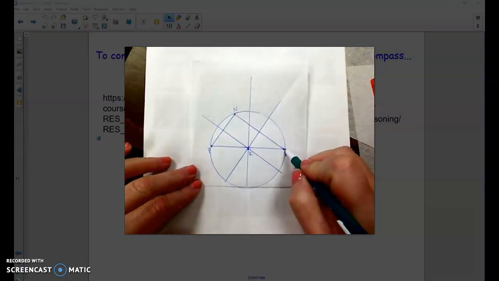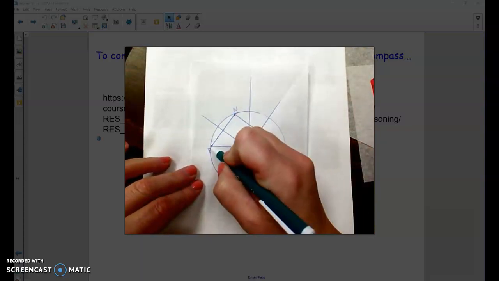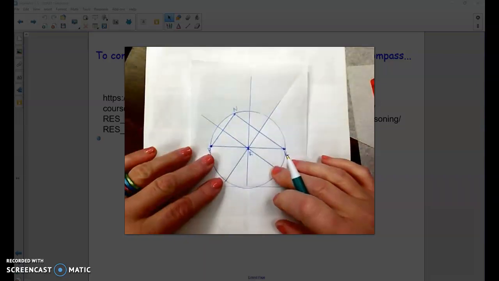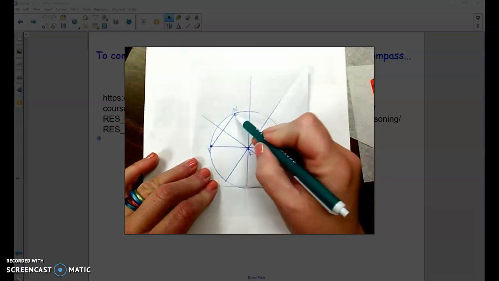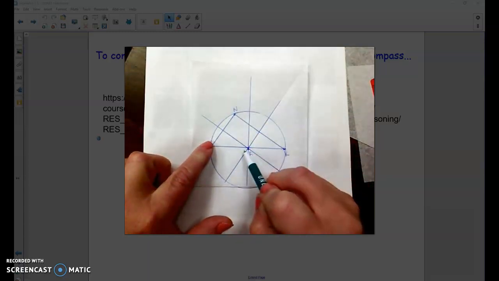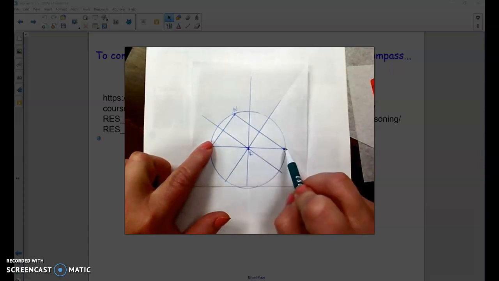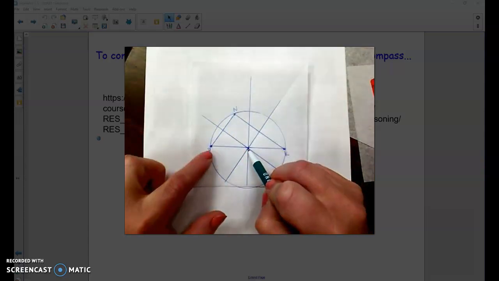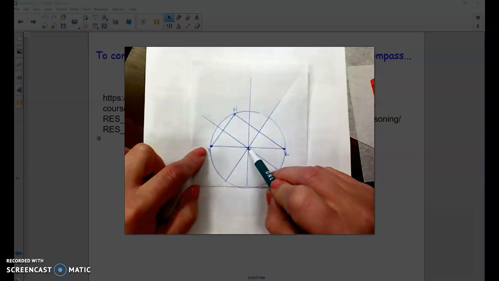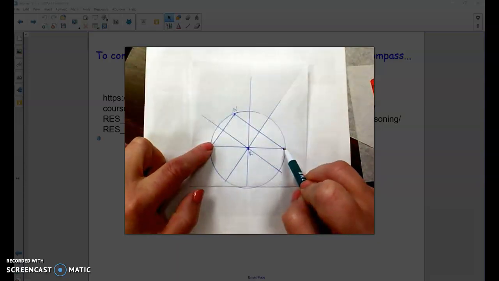I had a little bit of human error. I'm just going to fix that by making those points bigger. That's what you can do too. You can see the circle goes through all 3 of your vertices. This is your radius setting from point R to K, R to N, R to P. It doesn't matter which distance you measure to use as your radius. Those are all going to be the same distances.